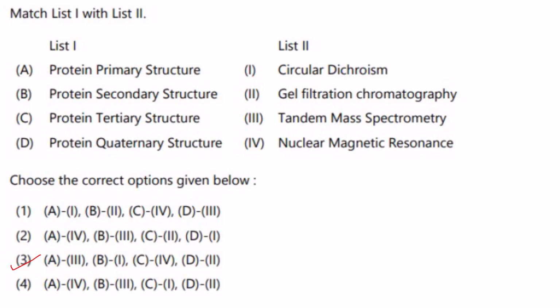Protein quaternary structure by gel filtration, that is also correct, because in gel filtration the native structure of the protein is maintained as such. When you pass through gel filtration chromatography, the native conformation of the protein is not changed. So D2. So A3, B1, C4 and D2 are the answers.